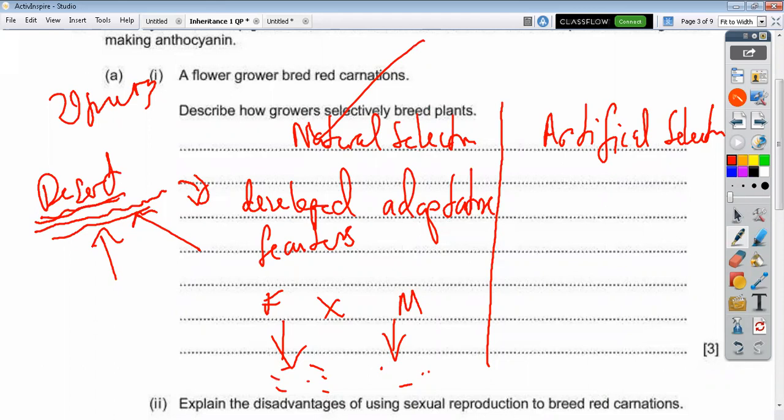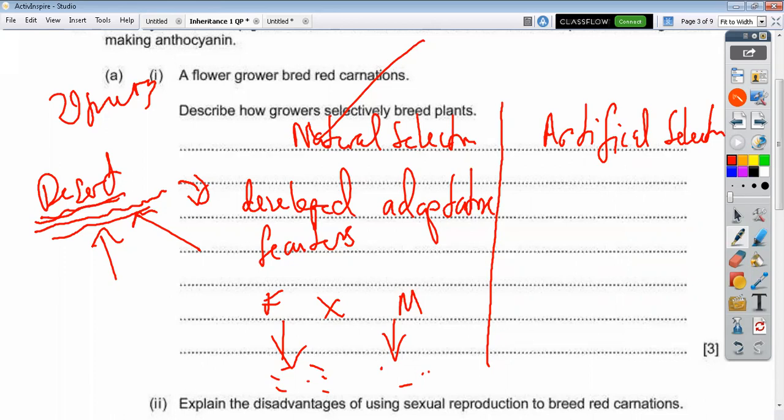Because with natural selection, you are looking at survival of the fittest. The animals that are weak, they die, and the animals that are strong survive. When the strong animals mate, they pass on the resistant alleles to the next generation.